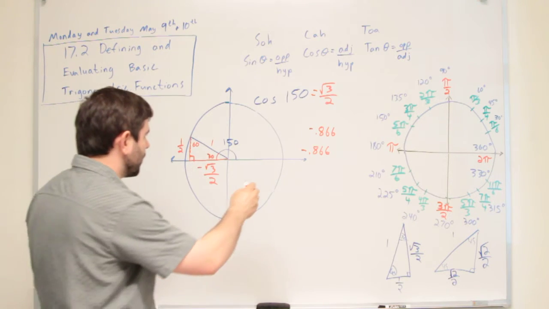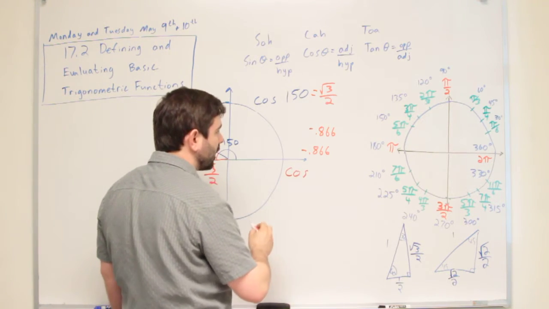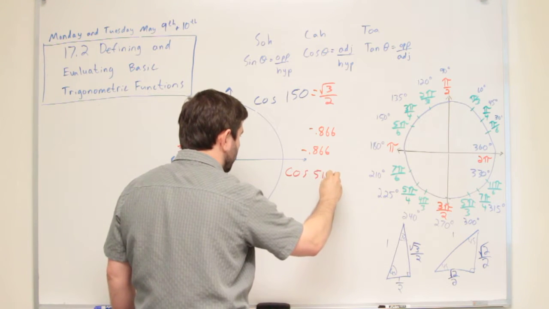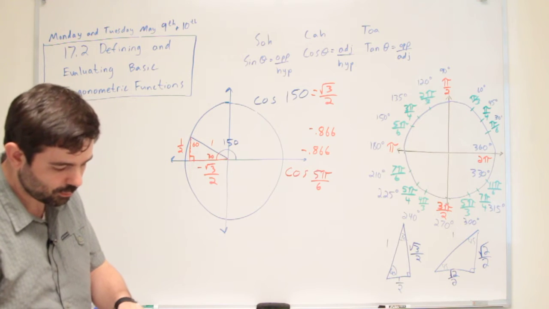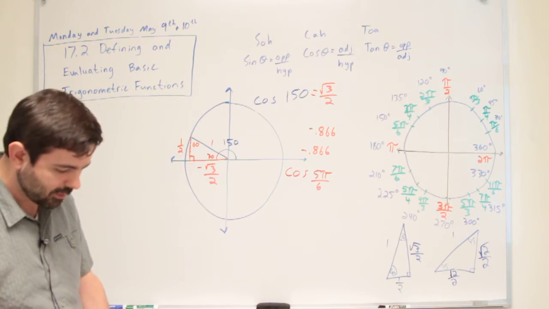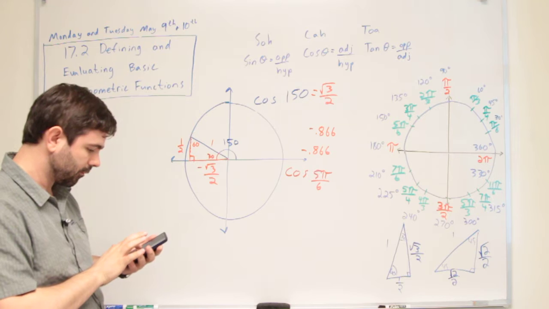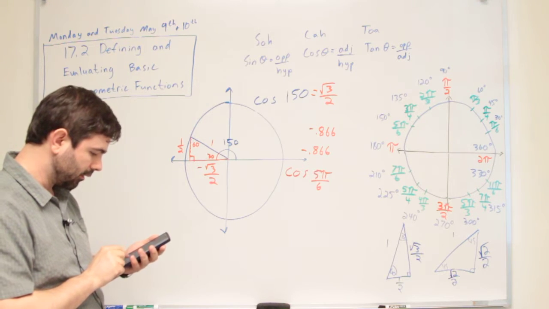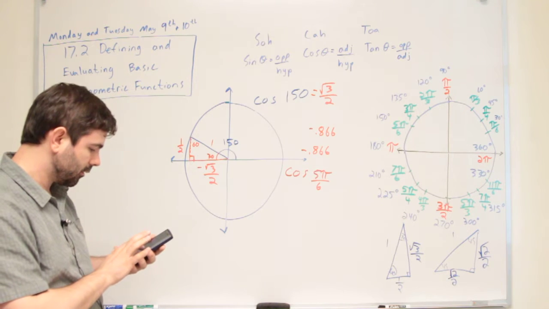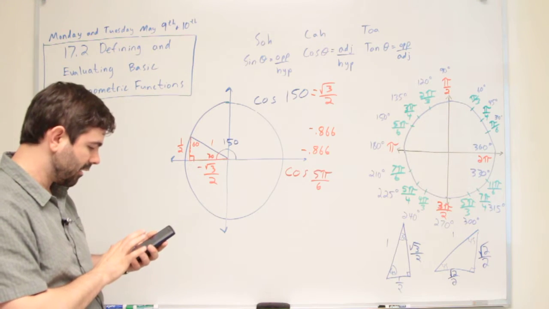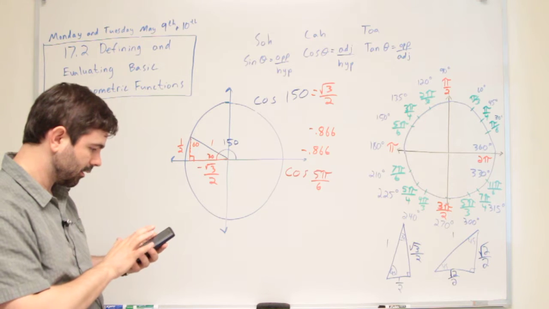And just for fun, let's also do the cosine of 5 pi over 6. Go ahead and switch your calculator into radian mode. On a TI-83, just hit mode, and then select radians. And then type in cosine 5 pi.